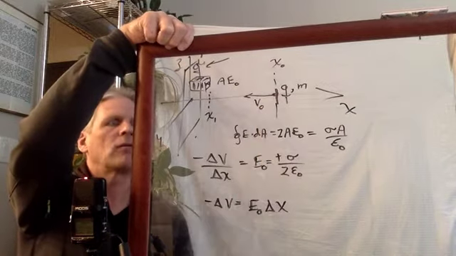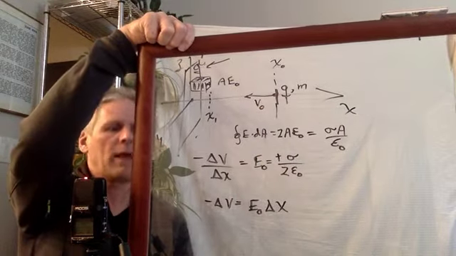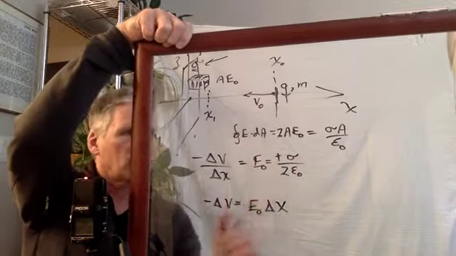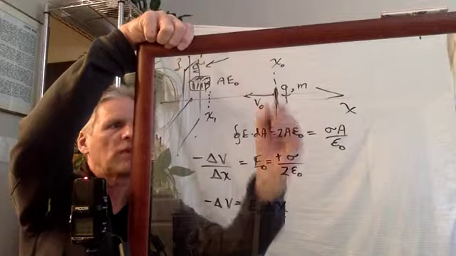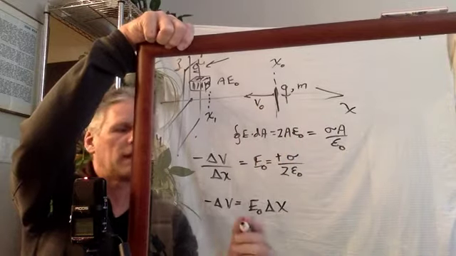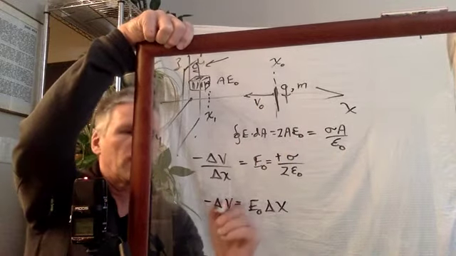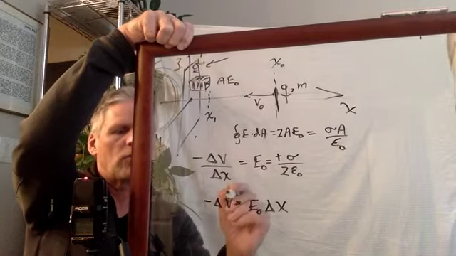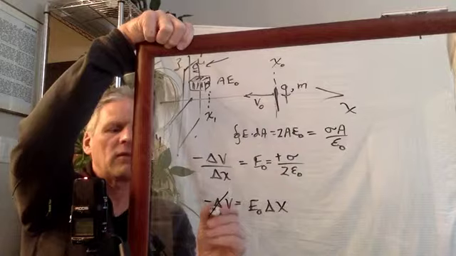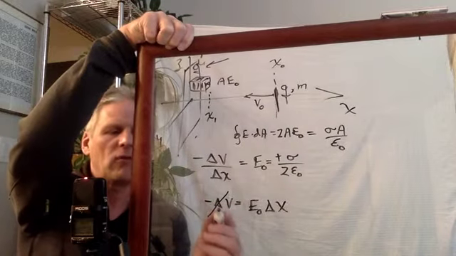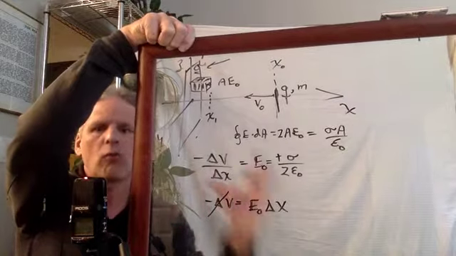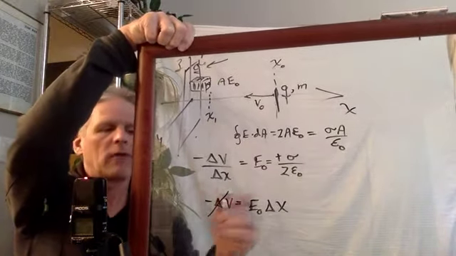Well, let's look at it this way. Let's look at the difference between the potential here and the potential at infinity. When I do that, I'm going to cross out this delta, because as soon as I'm comparing it to a zero reference, I don't need delta anymore.